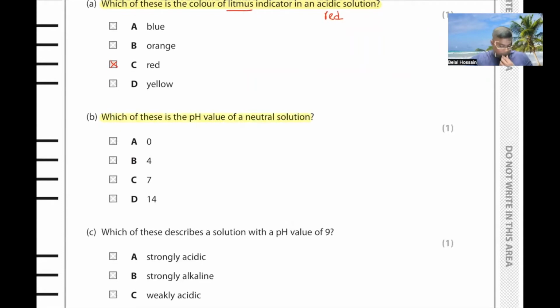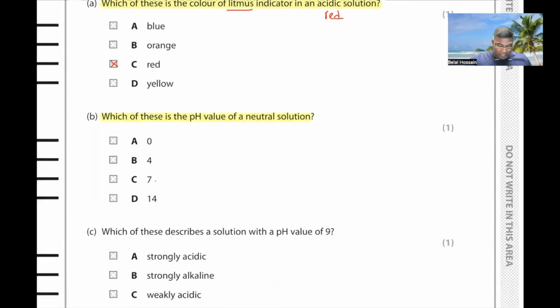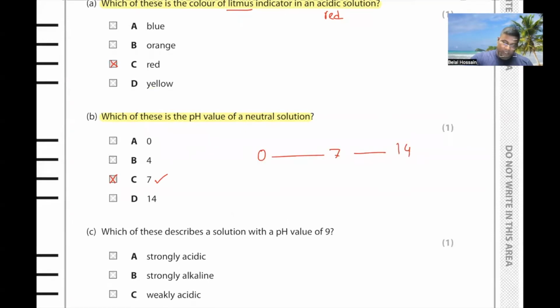So neutral solution is basically pH 7. We know that the acidity scale goes from 0, 7 to 14. Now above 7 this range is basic, and below 7 this range is acidic, with increasing acidic strength as we go towards 0 and increasing basic strength as we go towards 14.